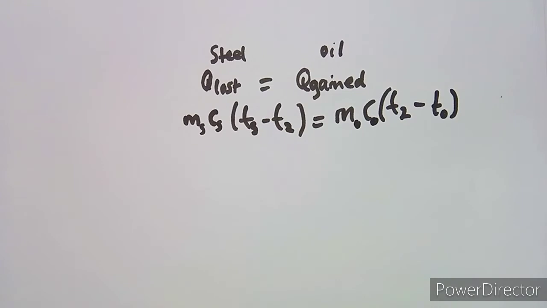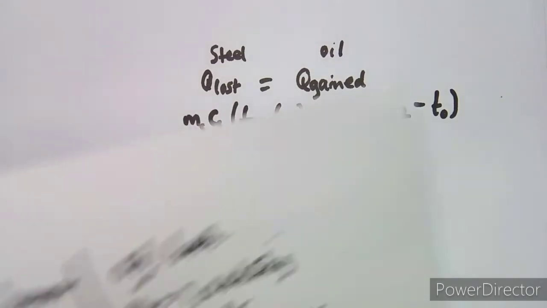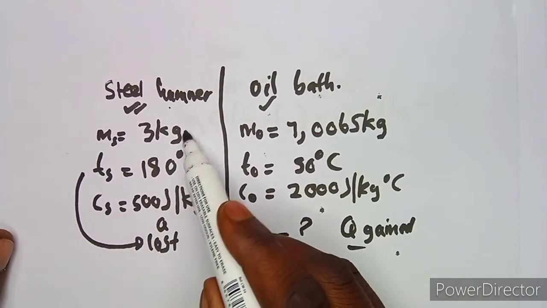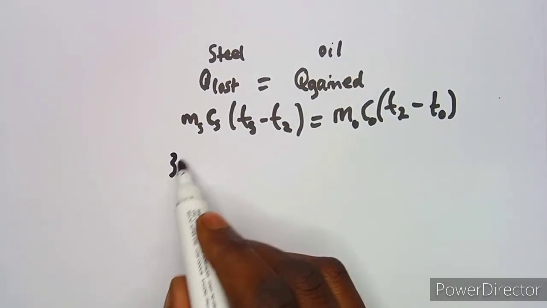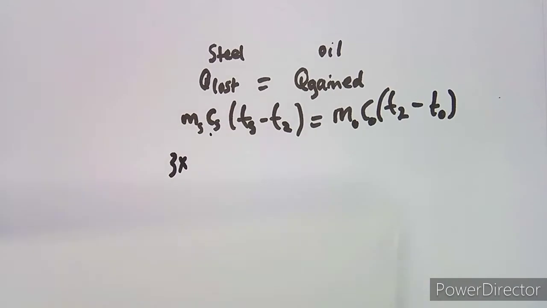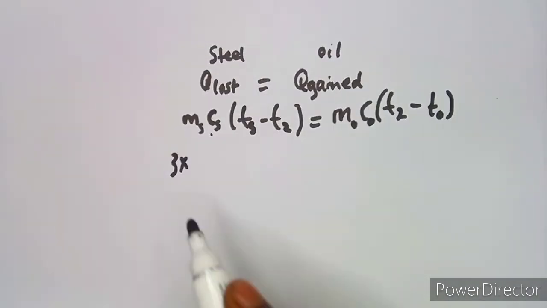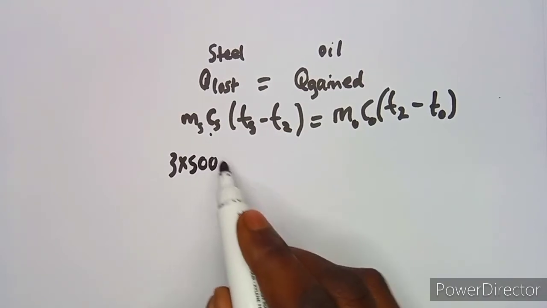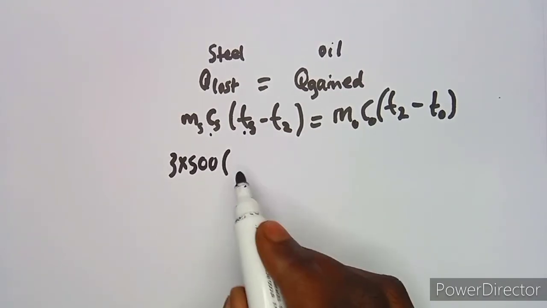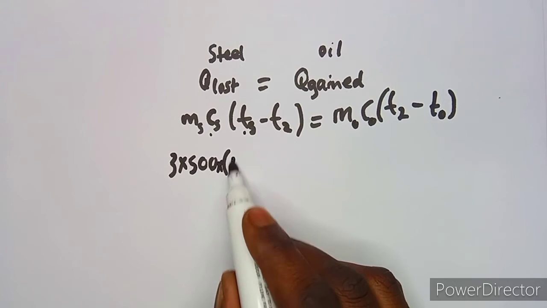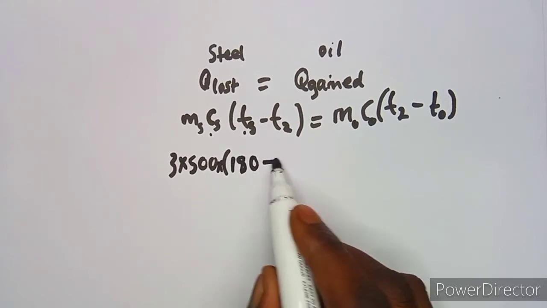So we need the mass of steel, which is 3. We just substitute here: 3 times the specific heat capacity of steel, which is 500 joules per kg, times the temperature of steel, which is 180 degrees Celsius, minus T2.